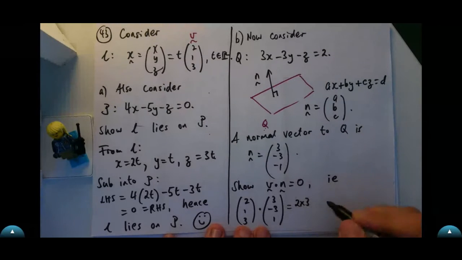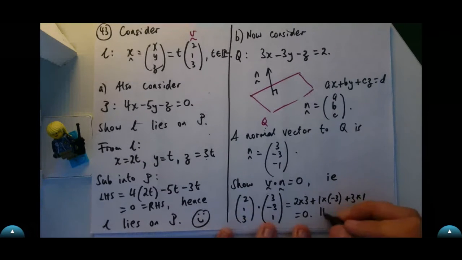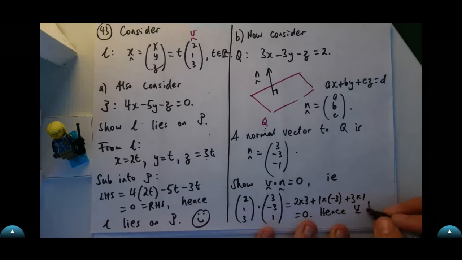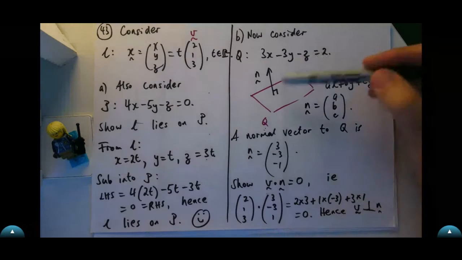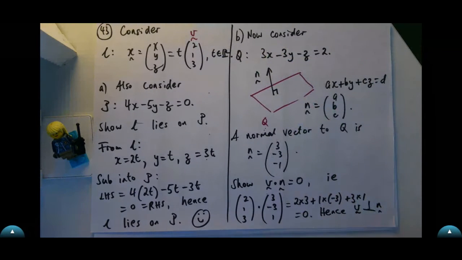So if you add those up, you get 0. Okay. So what does it mean? It means this vector and this vector are perpendicular.